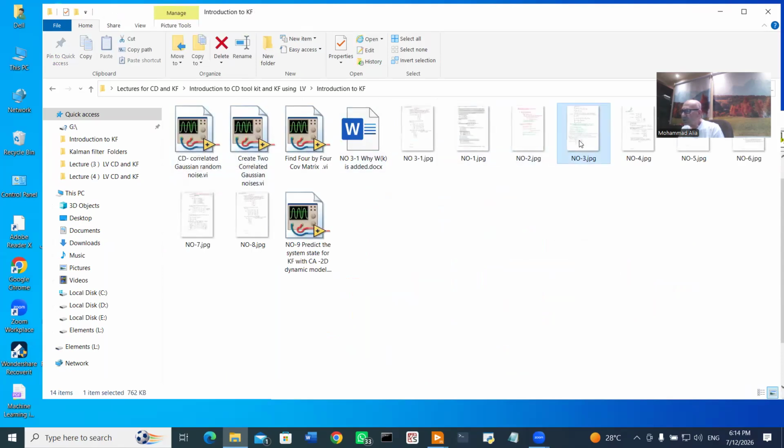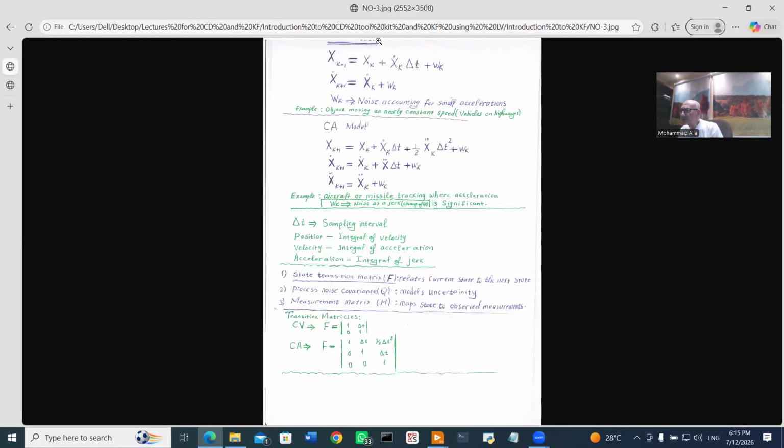If you look at this equation here, it represents what the state at time step k plus 1 equals if we know in advance the state at k, and also we know the sampling time of the time step, and we know the velocity at a given step.